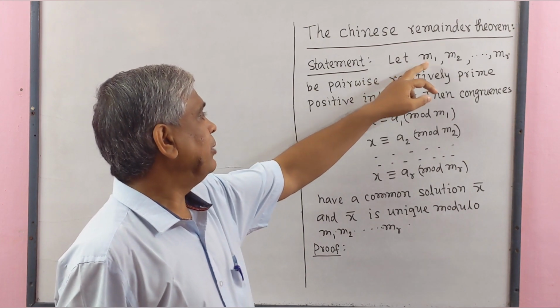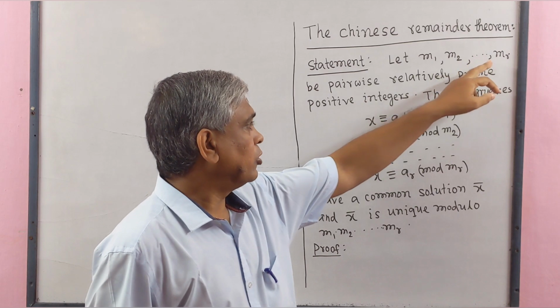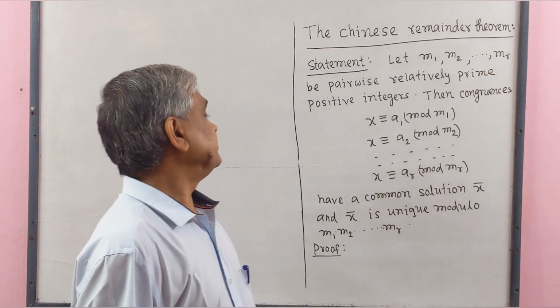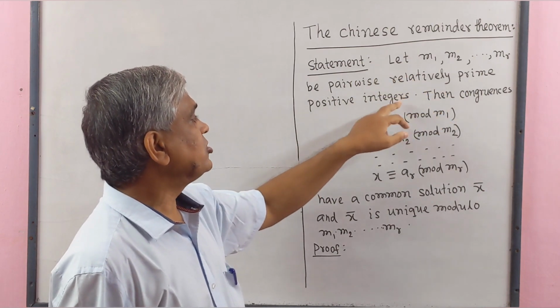Let m1, m2, ..., mr be pairwise relatively prime positive integers.